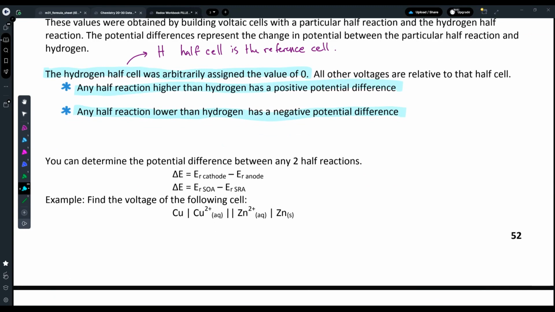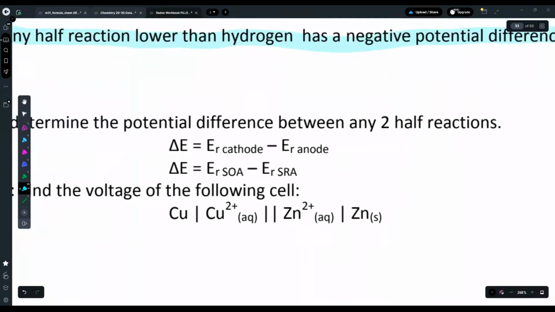Now, we can determine the potential difference between any two half reactions using one of these two formulas. You could use this one, where your potential difference is the potential coming from the reaction that happens at the cathode minus the potential of the reaction that happens at the anode. So in other words, cathode minus anode. Or you could use this formula.